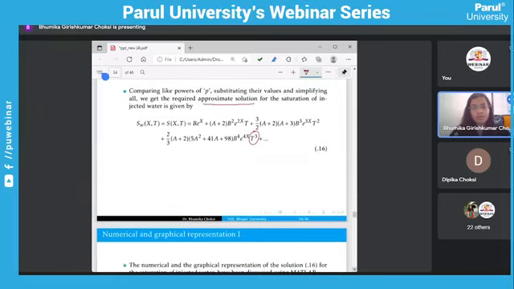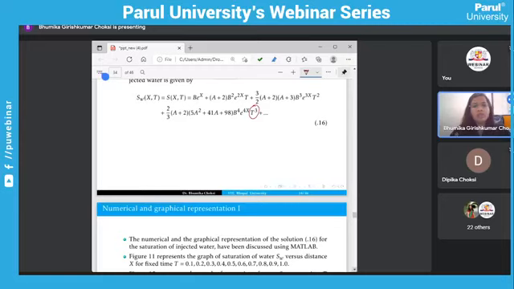From this, I'm taking different values of x and t, and because it is dimensionless, we have already converted it into dimensionless parameters, so I can choose values of x and t between 0 and 1.